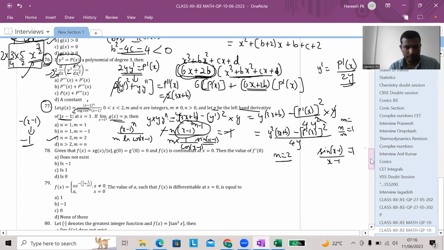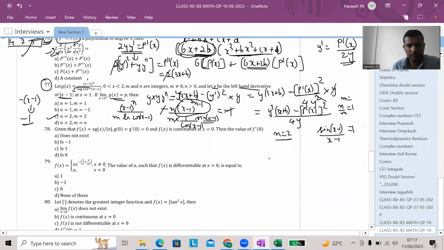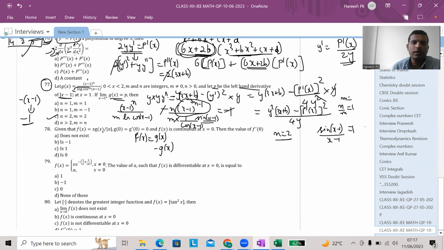78th question. It's again an easy one. We'll have to write f of x when x is slightly greater than 0. F of x will be simply g of x. When x is less than 0, it will be minus g of x. And now when we differentiate, f dash will be g dash x or minus g dash x.